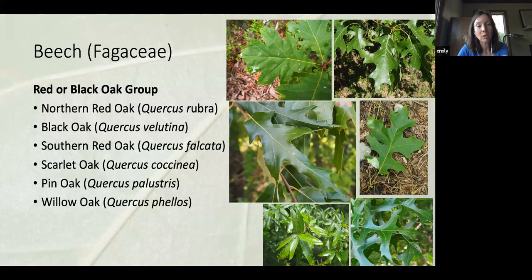It doesn't really care what the leaf shape needs to look like. It's only when you get to the middle of the tree or even the top of the tree when you start seeing the true leaves for that tree or that oak. So that's the word of warning. Take it for what it's worth. As I said, oaks can be a little conniving. So we have the northern red oak leaf, and next to that in the very corner is the black oak leaf.